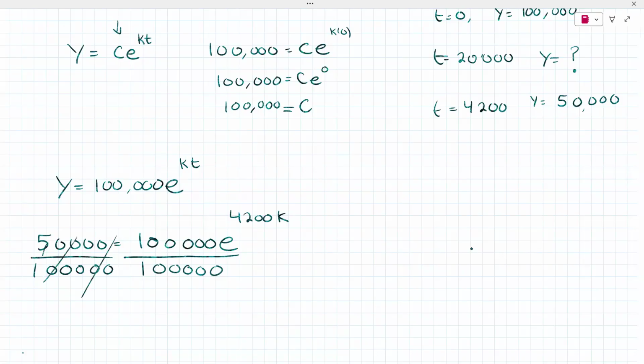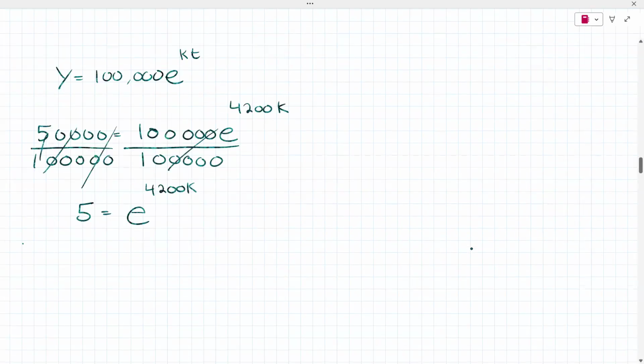And then all these zeros cancel, so you're just left with 5 on the left. This cancels, and then you're left with e to the 4,200k. And then go ahead and solve for k. So you would have to take the ln of both sides. So ln 5, and here, ln of e to the 4,200k.